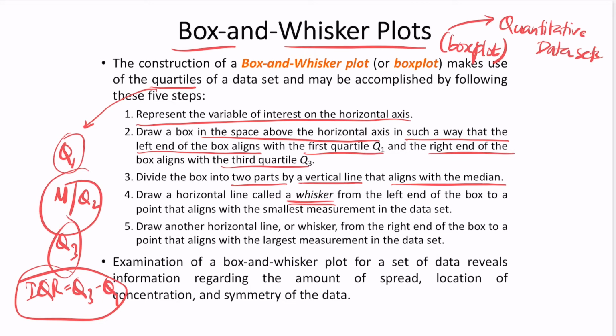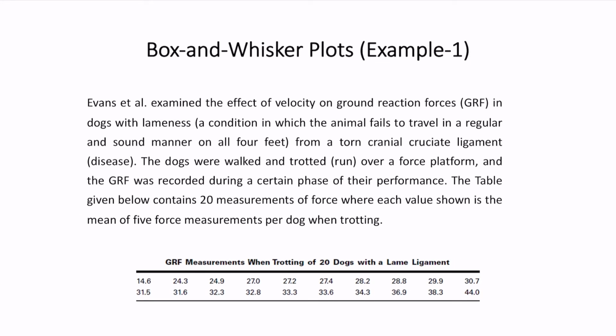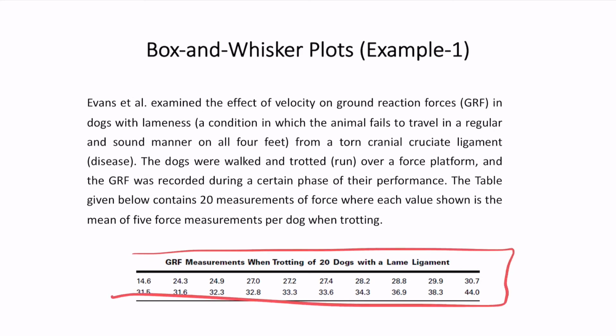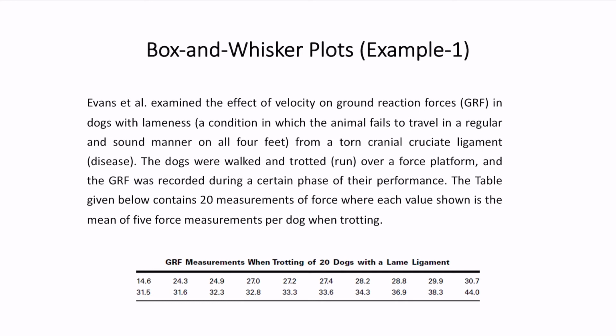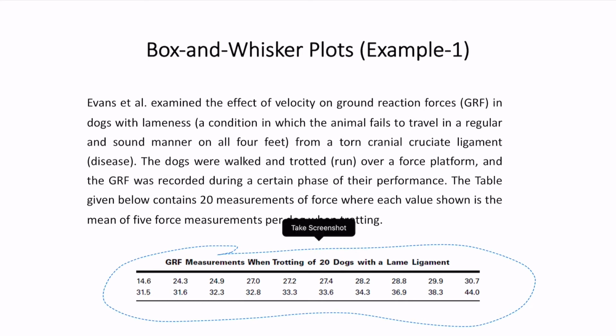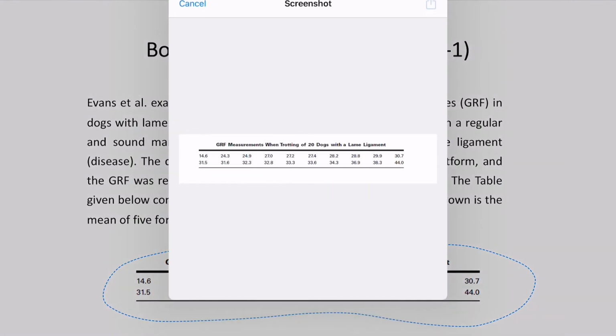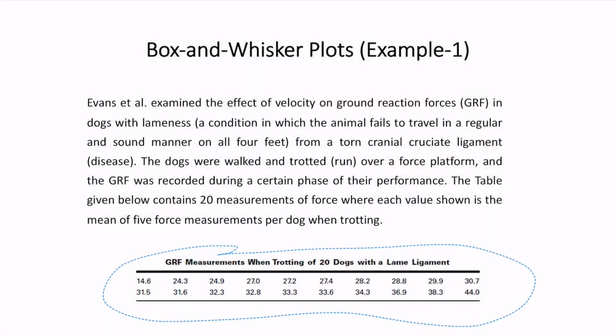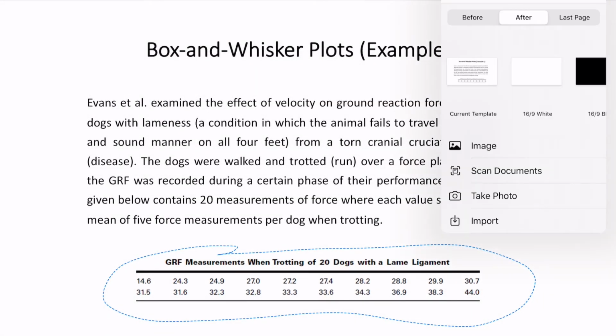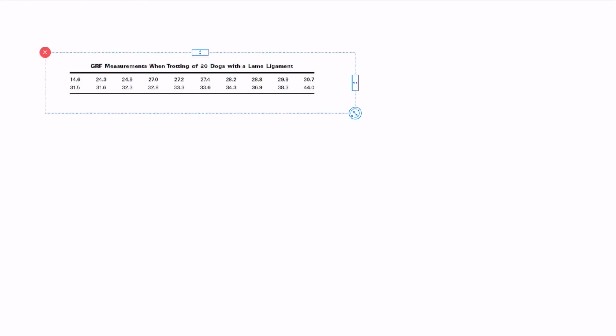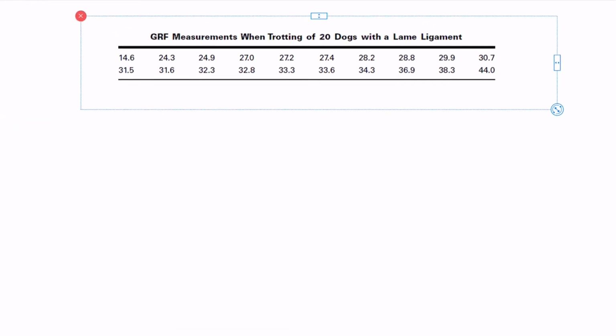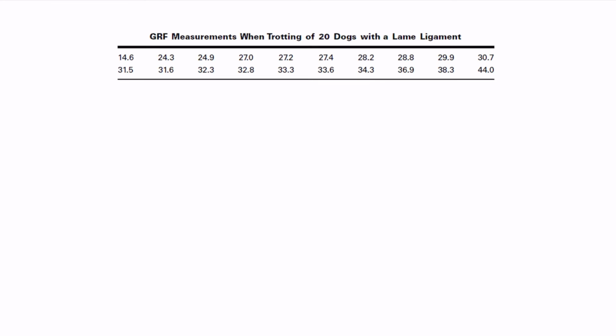So let's take a look at a simple example. Let's say this is the data that we used before. So let's use the same data. First thing we want to do is find Q1, median, Q3.